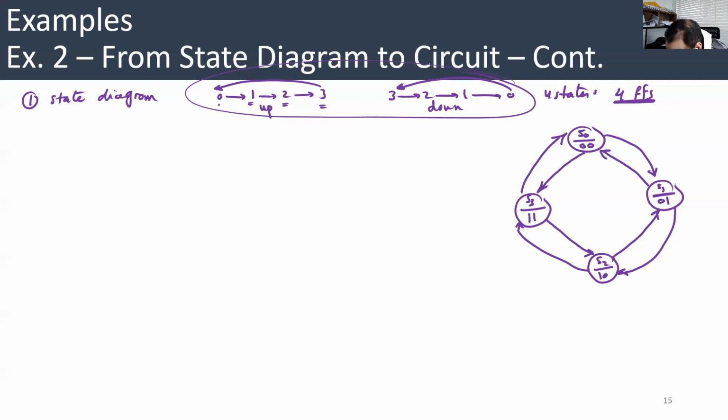Okay? So we need one input bit to determine the direction of the counting.